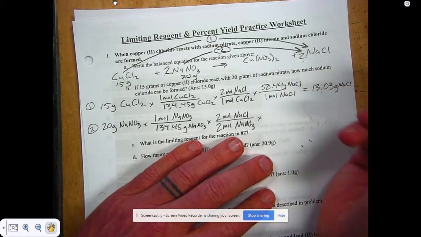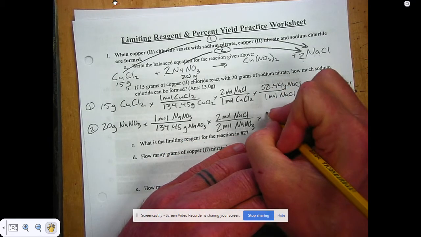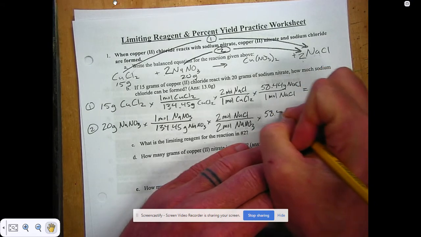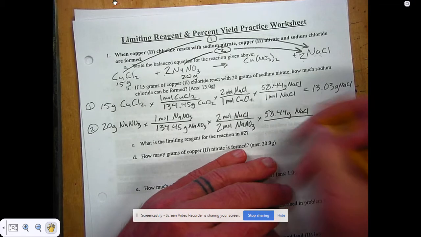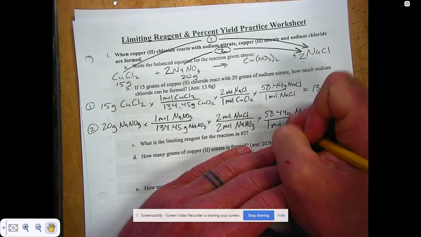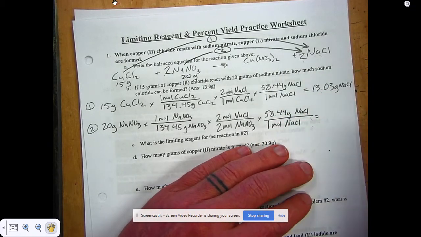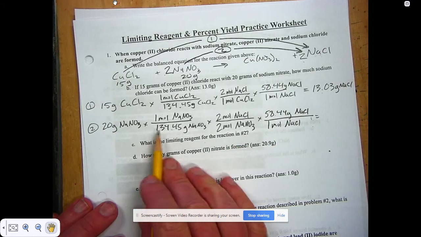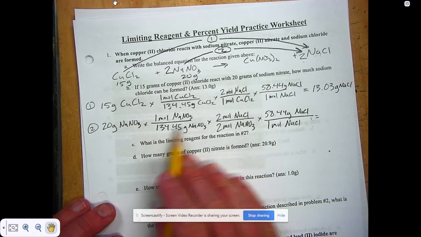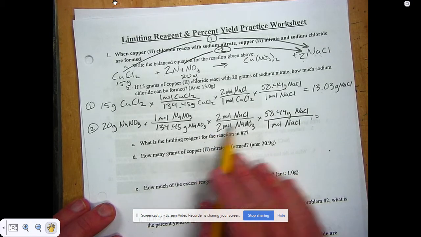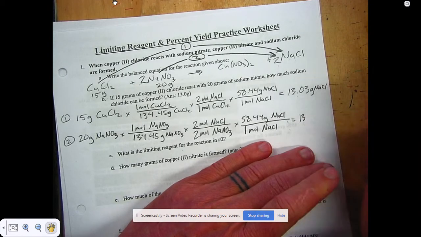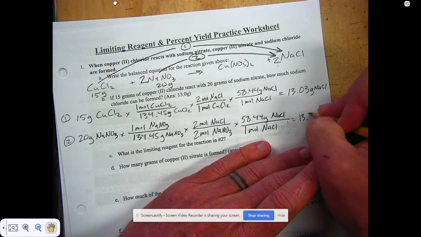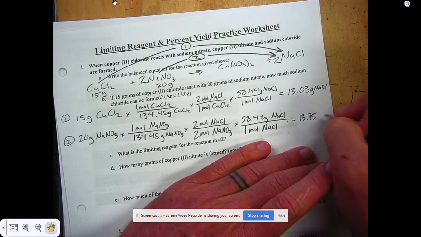And then we're going to multiply that by 58.44 grams of sodium chloride per 1 mole of sodium chloride. And then I'm going to do 20 divided by 134.45 times 2 divided by 2 times 58.44, which is going to give me 13.75 grams of sodium chloride.